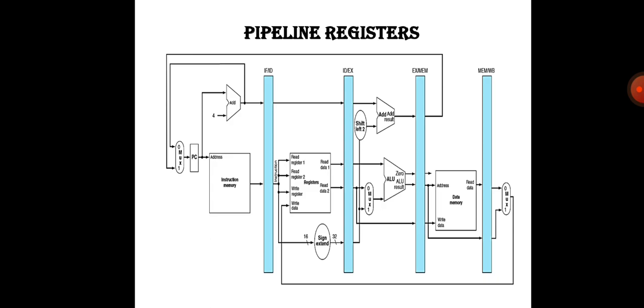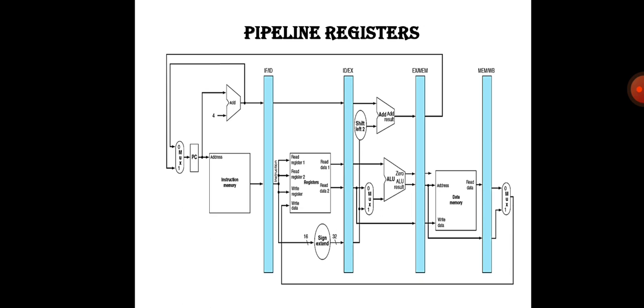Now pipeline registers. For 5 stages we have 4 pipeline registers. A pipeline register separates 2 stages and is named after them. For example, the first pipeline register separates the instruction fetch stage and the instruction decode stage, so it is labeled IF/ID.